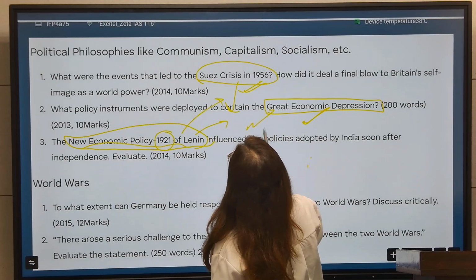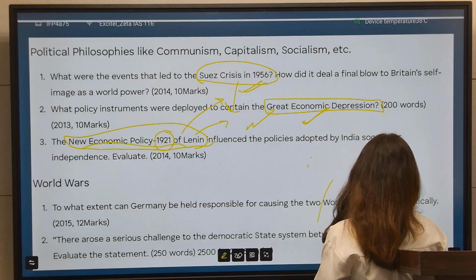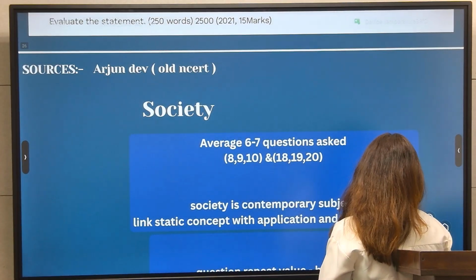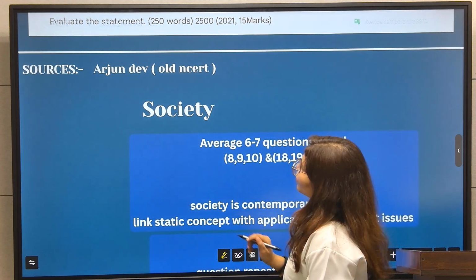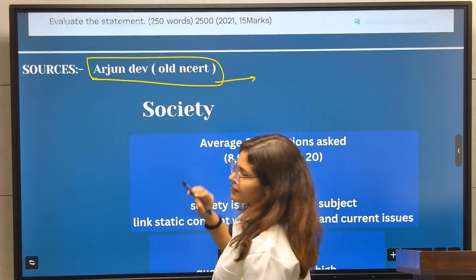So these three topics also you have to prepare notes on. Now, what are the sources? Arjun Dev Old NCERT is more than enough for world history.